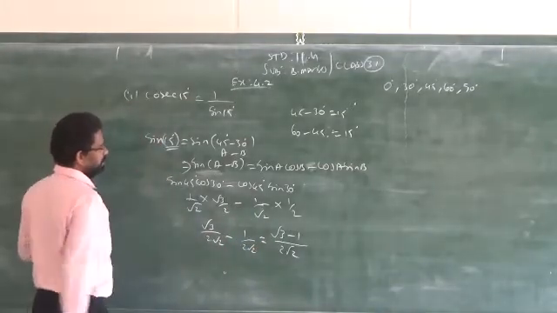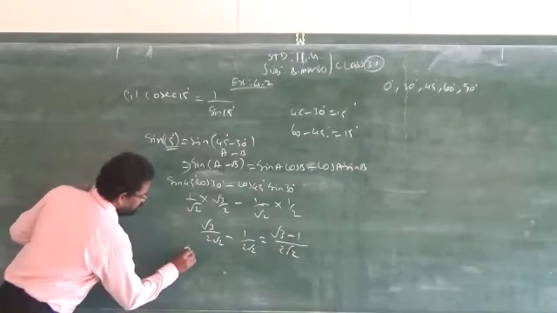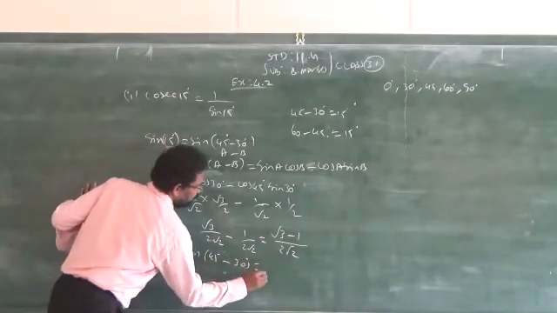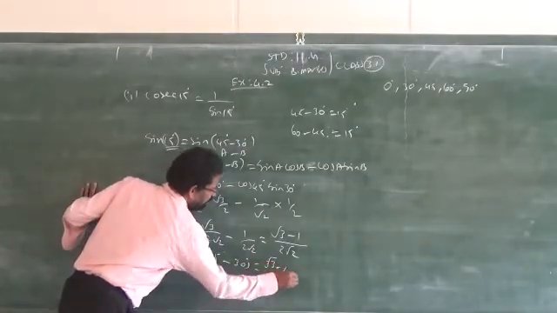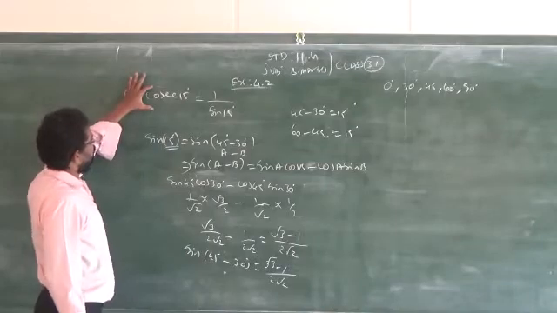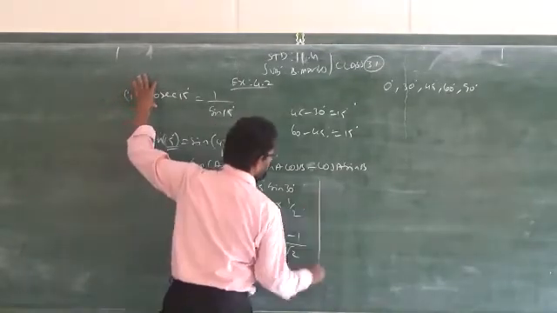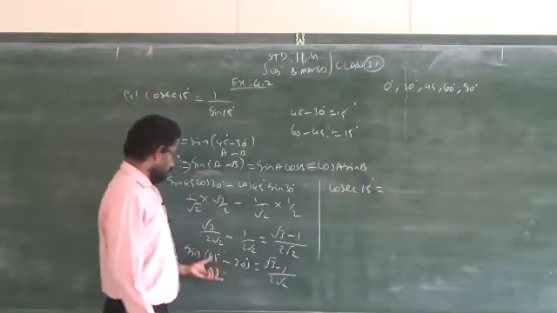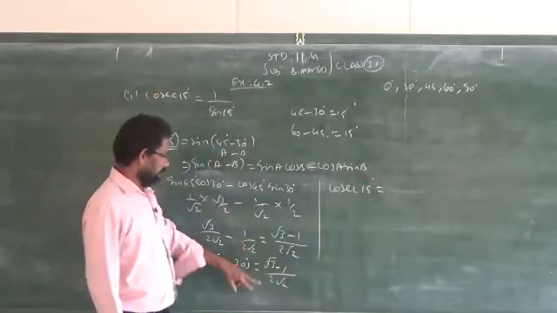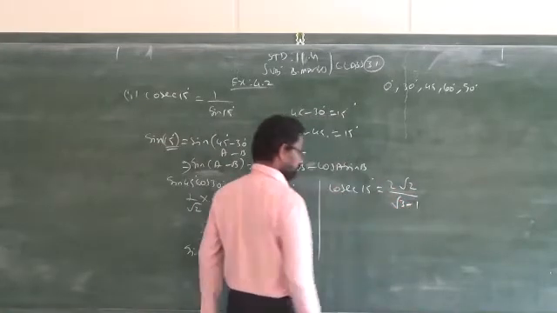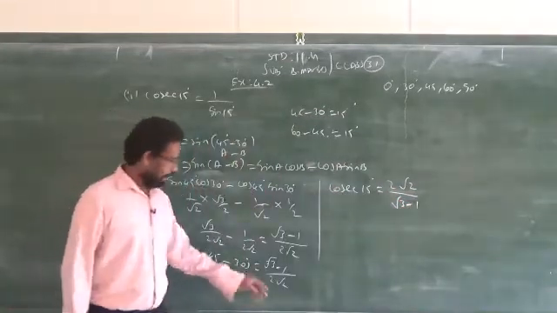Sine 45 minus 30 degree is equal to root 3 minus 1 by 2 root 2. But I have to find the value of cosecant 15 degree, that is the reciprocal of sine. Take the reciprocal: 2 root 2 by root 3 minus 1. So, this is your required answer.